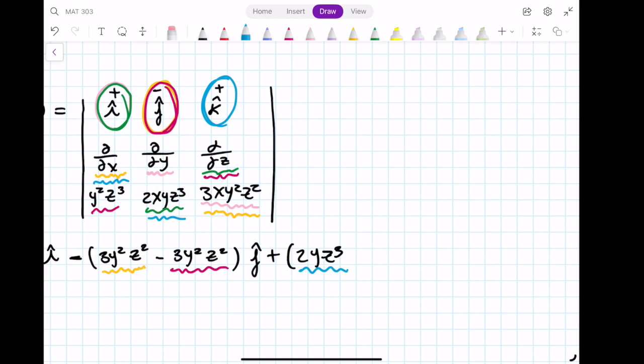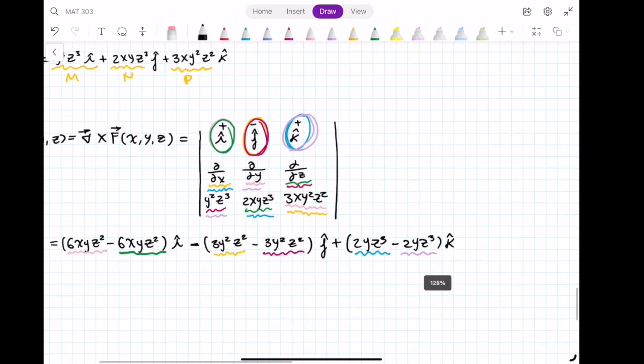After this, the last one will be minus 2yc cubed. This is going to represent this one, and as we know, is k hat. So k hat add that.